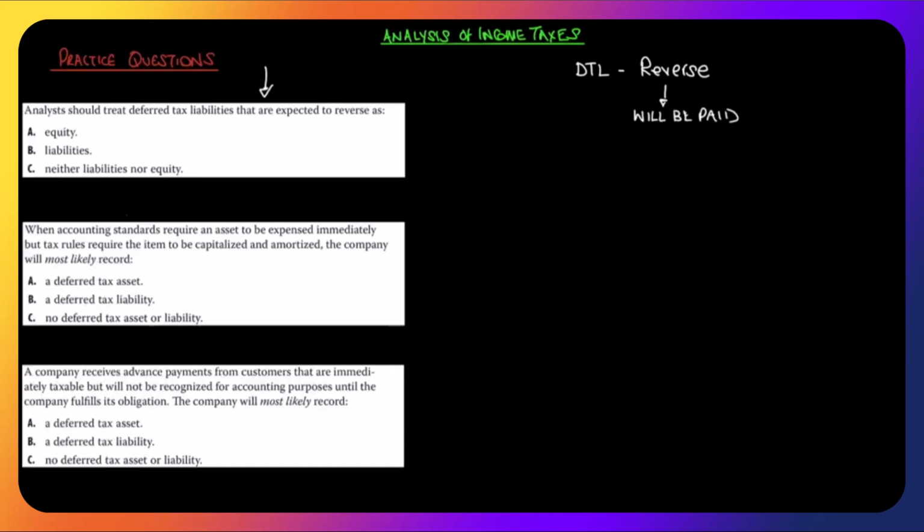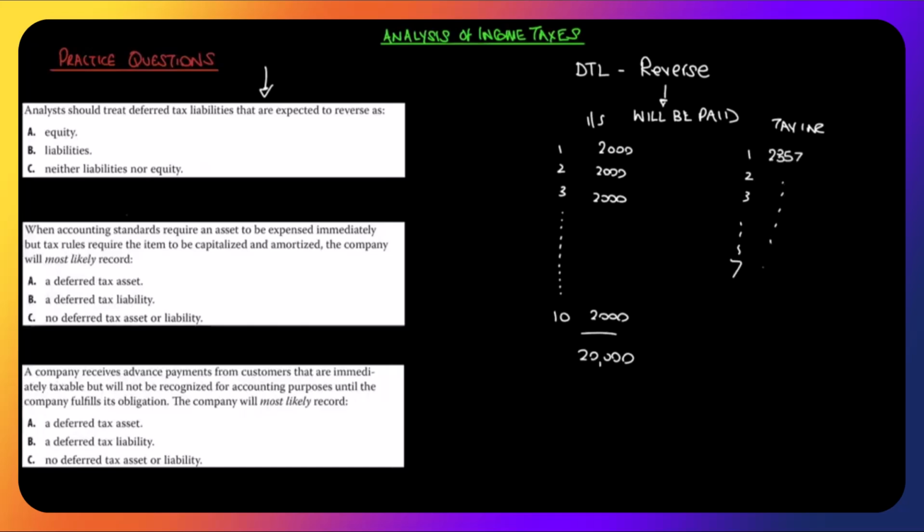So remember my simple example from earlier. From year 1 through to year 10 for that asset, we were charging $2,000 in depreciation up to $20,000. When we were calculating, that was in the income statement. Getting to taxable income, it stopped at year 7. We had 2,857 every year up to year 7.